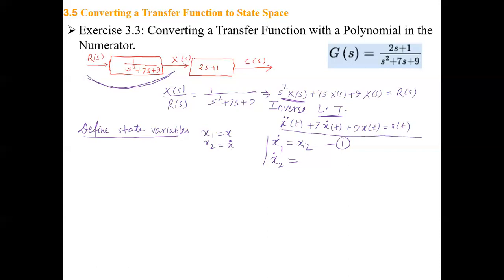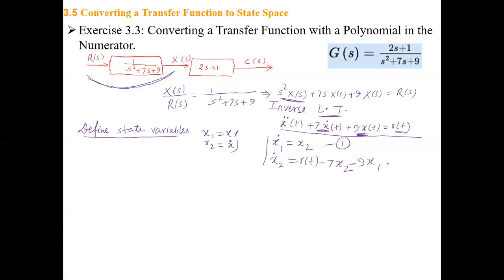Help me here, please. r(t) on the right. Then how about this? This goes to the left, right? So minus 7. What is x dot? x2, thank you. So minus 7 x2. Then it goes to the right: minus 9. x is x1, right? Okay, that's what it is.